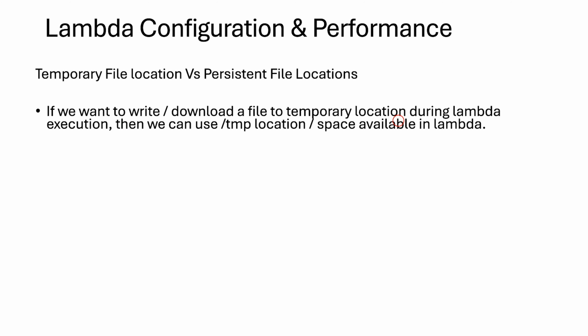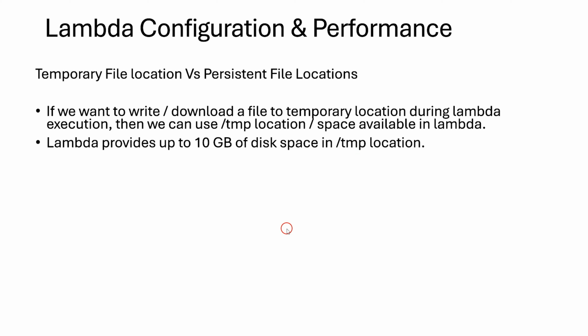If you write a file into /tmp, it will be stored in the temporary location for your Lambda. You can download files into /tmp and use them while your Lambda is executing the code, or write files to it, and use that space for your processing purposes based on your requirements and use cases. Lambda provides up to 10 GB of disk space in the /tmp location.